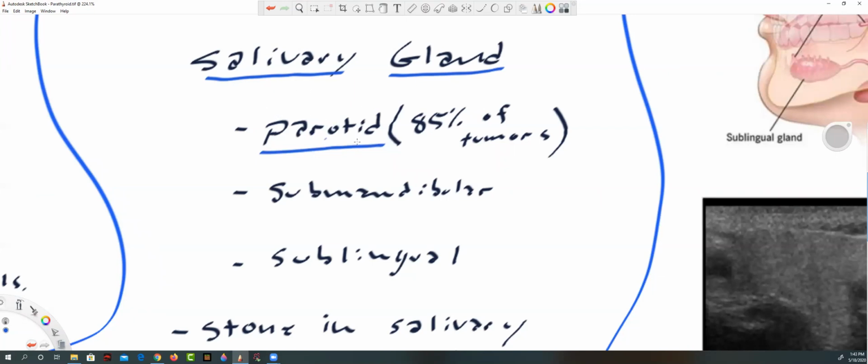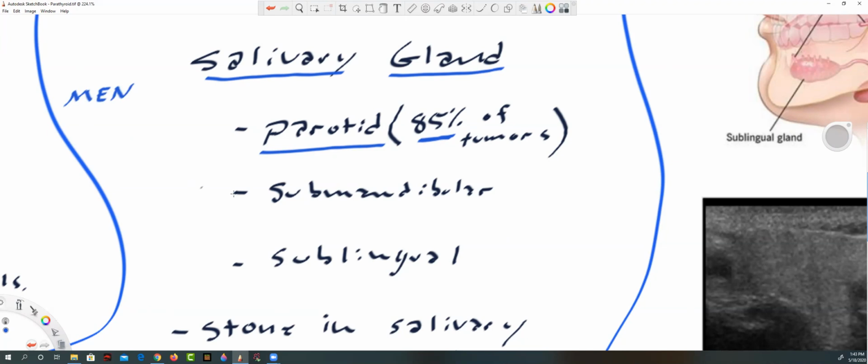Salivary gland. The parotid is the largest, and tumors are not that uncommon. I actually have a friend who had many surgeries in her life. I never talked to her about it, but I realize now she most likely has multiple endocrine neoplasia.